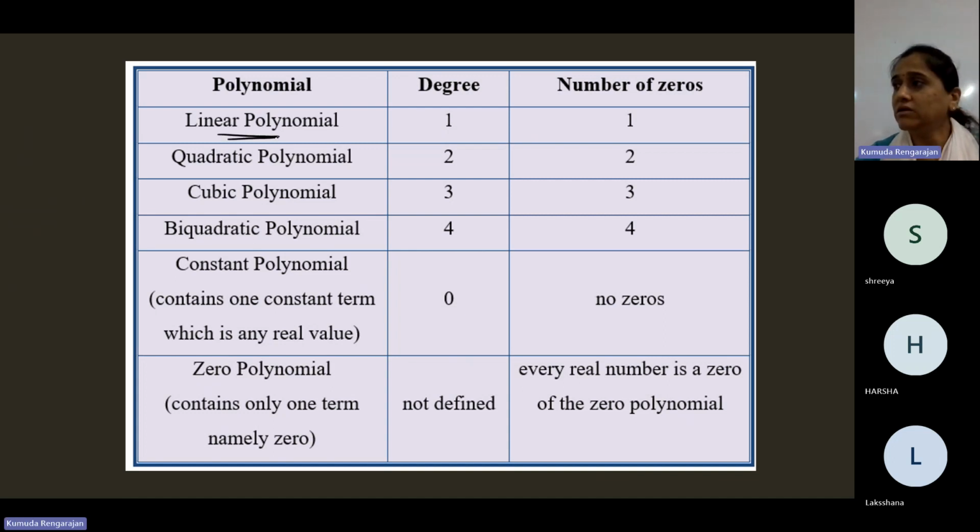Linear polynomial, degree 1, number of zeros 1.